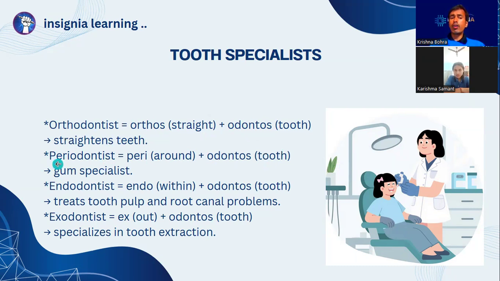We have periodontist, where peri means around and donto means tooth. So they are specialists around our tooth, and you know what is around our tooth? That is the gums. So they are gum specialists. If somebody has pyorrhea, he will visit a periodontist to check his gum health.